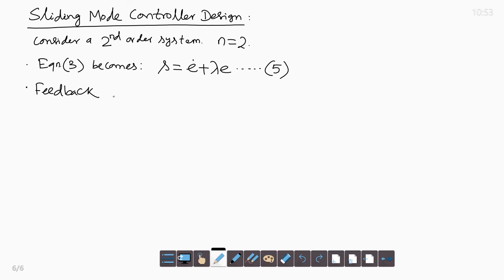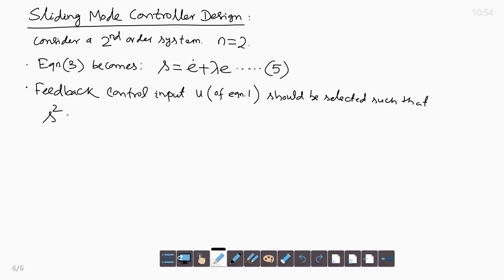The feedback control input u, which is there in equation 1, should be selected such that s squared remains a Lyapunov function of the closed loop system.